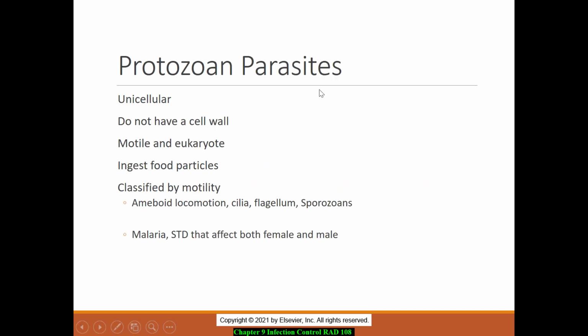Protozoan parasites are unicellular. They generally exist as free-living organisms, and a few do have parasitic forms and live inside the body. They do not have a cell wall. They tend to be very resistant in form, for example a cyst, so they can survive in an environment outside of the host.